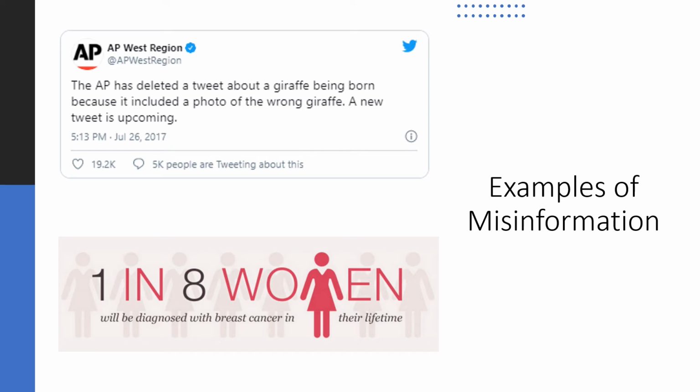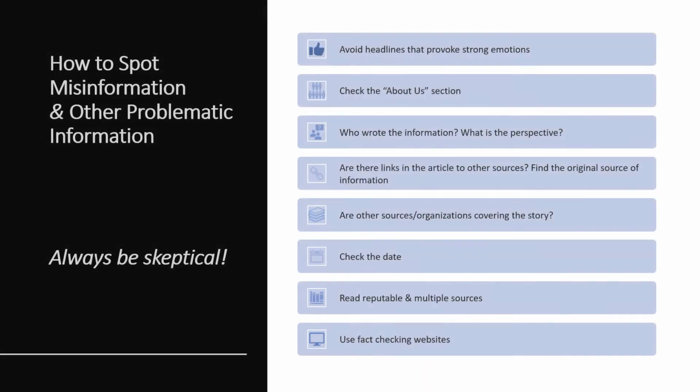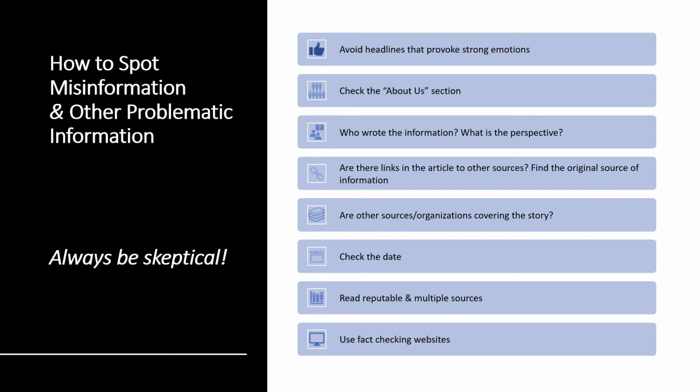So, another example of misinformation. So far, we've discussed definitions of problematic information and looked at some examples. Here are some specific tips on how you can evaluate information you are viewing, you are reading.